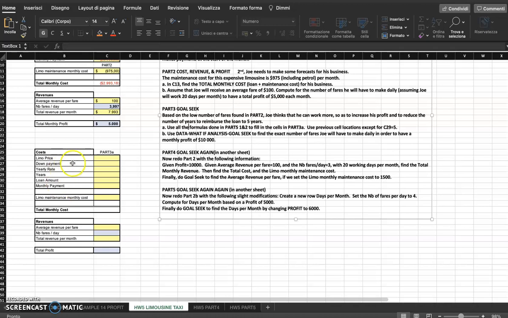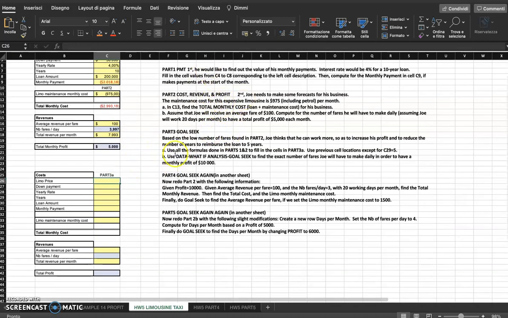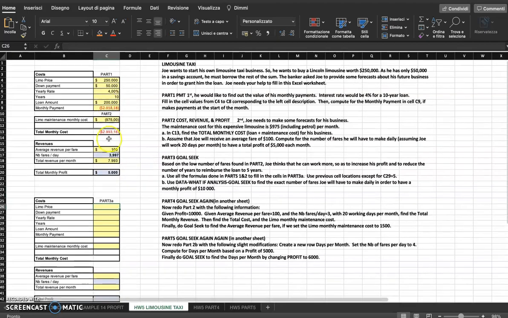Okay, so first of all we put again the numbers that we had in part 1 and part 2. The limo price is 250,000. The down payment again is 500,000.